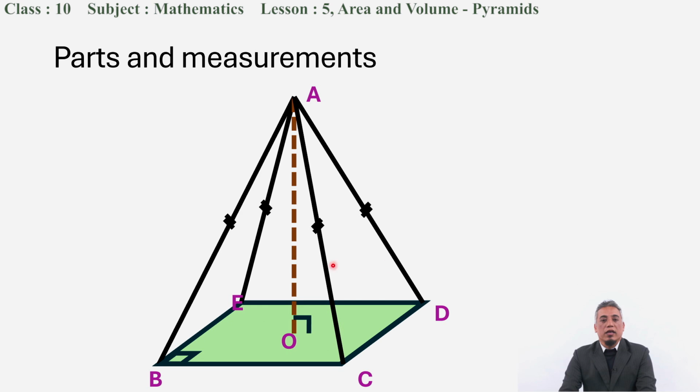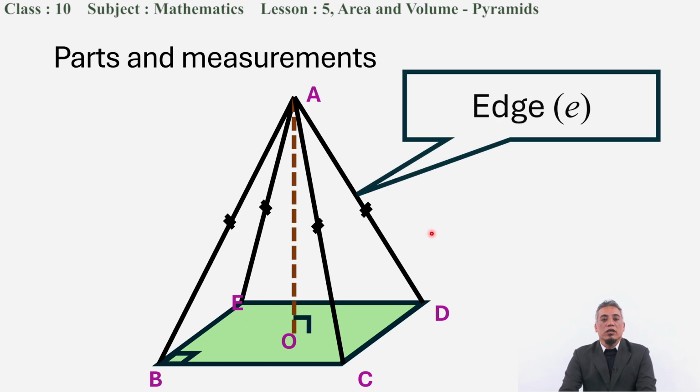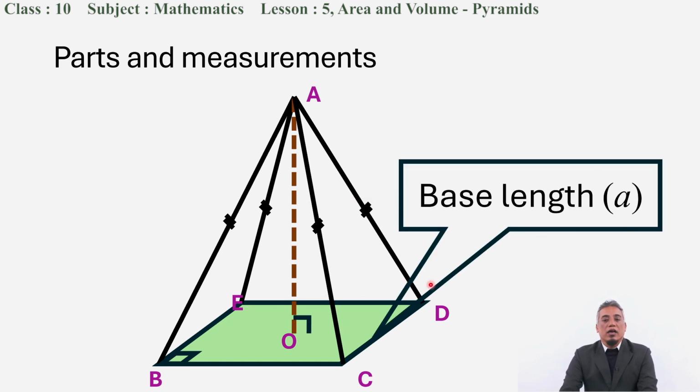Similarly, as all the slanting sides are equal, we call that edge of the pyramid, it is denoted by E. That means all these four sides will have length of E. And this base length is denoted by A.